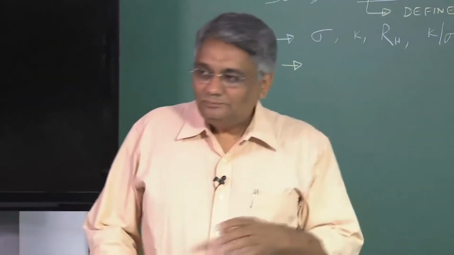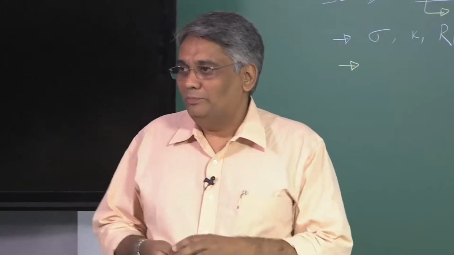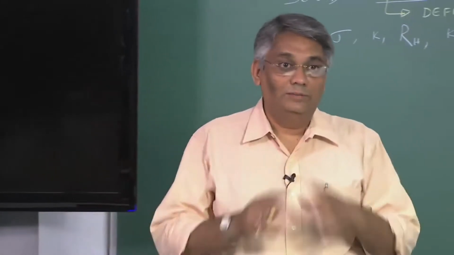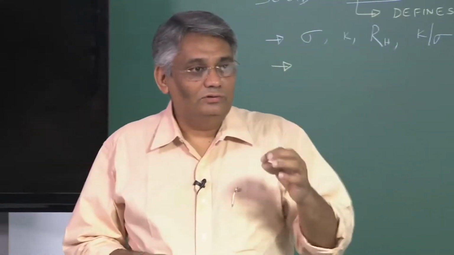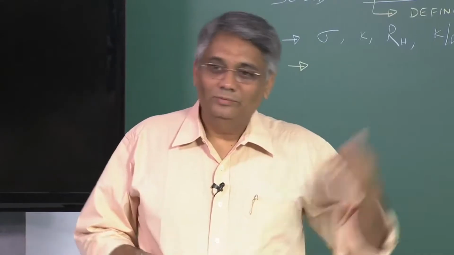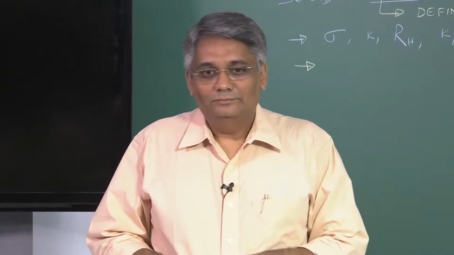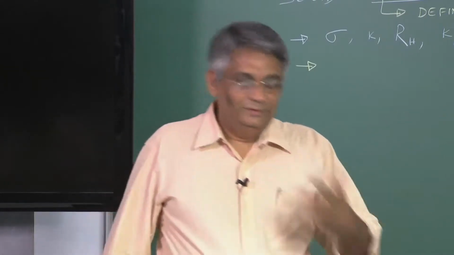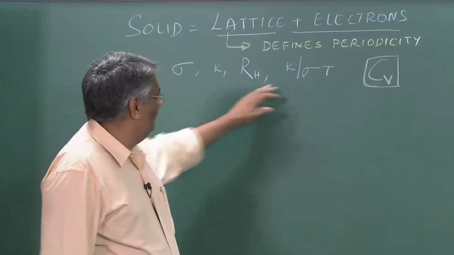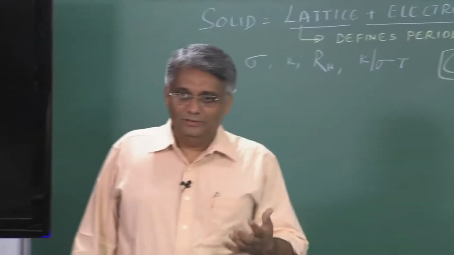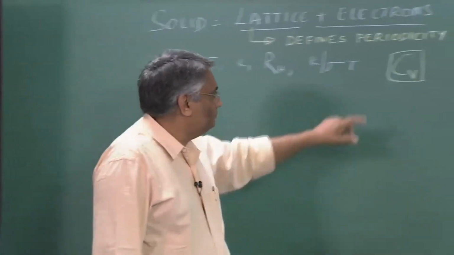That means, if you are accounting for electrical conduction, if you know the number of atoms in a given volume and the number of electrons attached to each atom, you will be able to evaluate a given property. So that way you can get by theory and measurement the exact values.